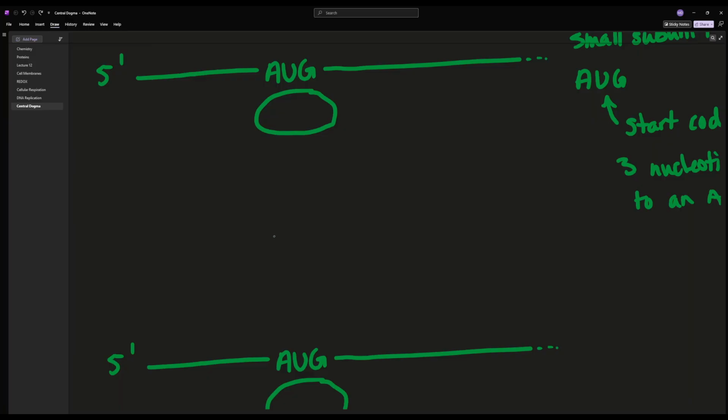So they sort of look like that. And this tRNA, hold on. Got to make sure I'm drawing this right. I think that's correct.